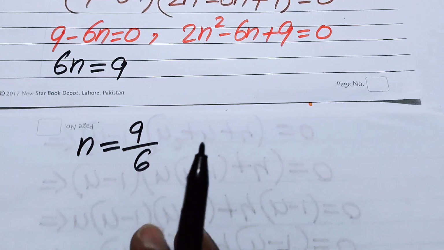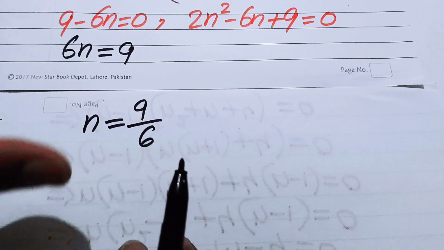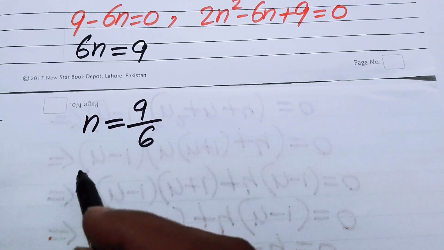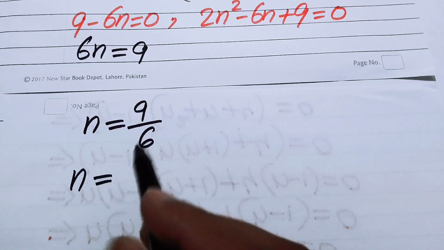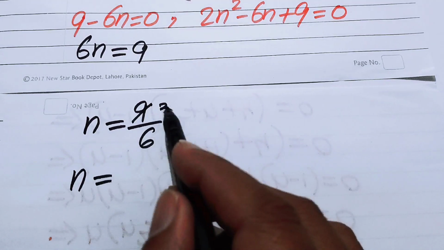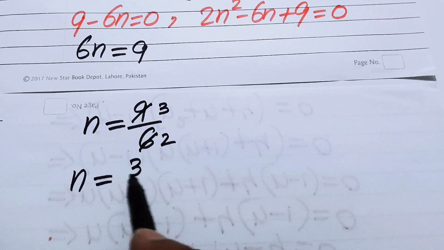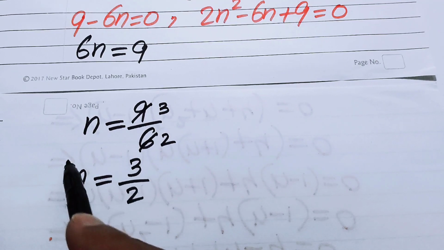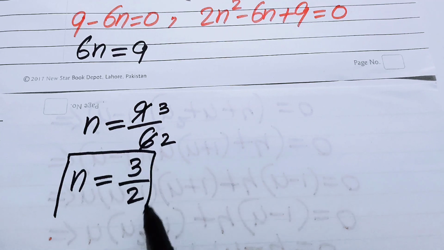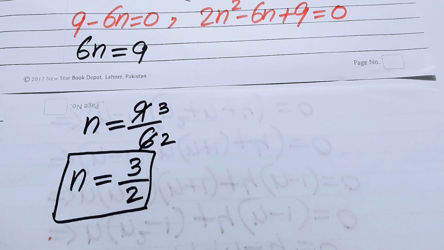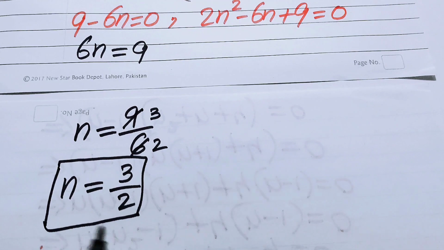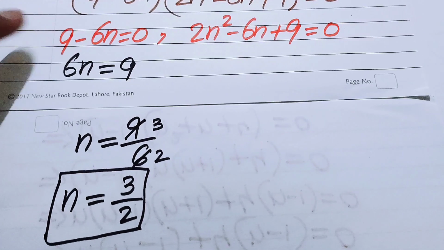You get the first real root of this equation: 3 3s are 9 and 3 2s are 6, so you get the first real root, which is n equals 3 over 2.